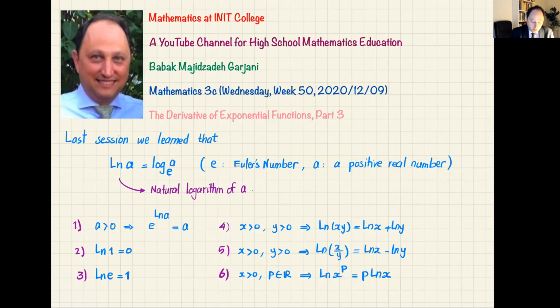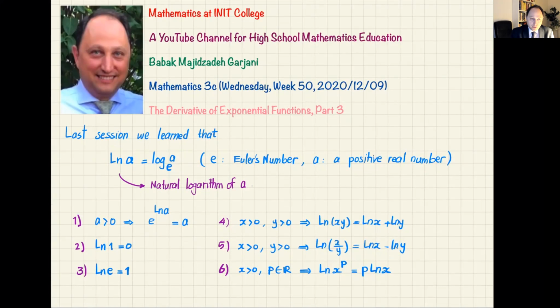But because a is in front of a log, that number should be positive, exactly like any other logs. When you talk about ln of a number, that number should be a positive real number. Ln of 0 is not defined. Ln of a negative number like ln of -2 is not defined.